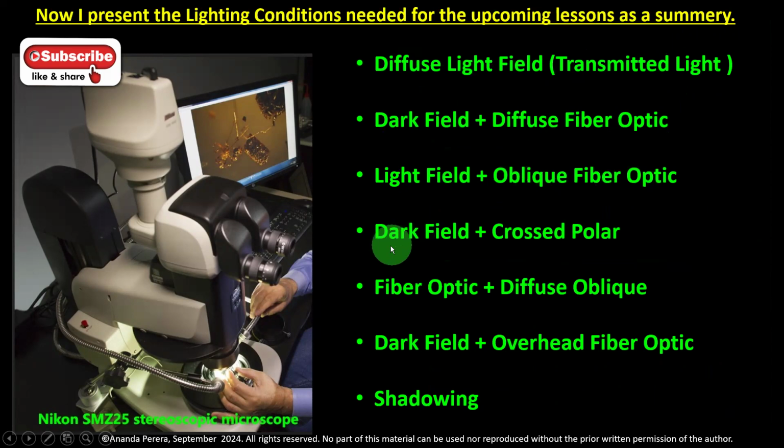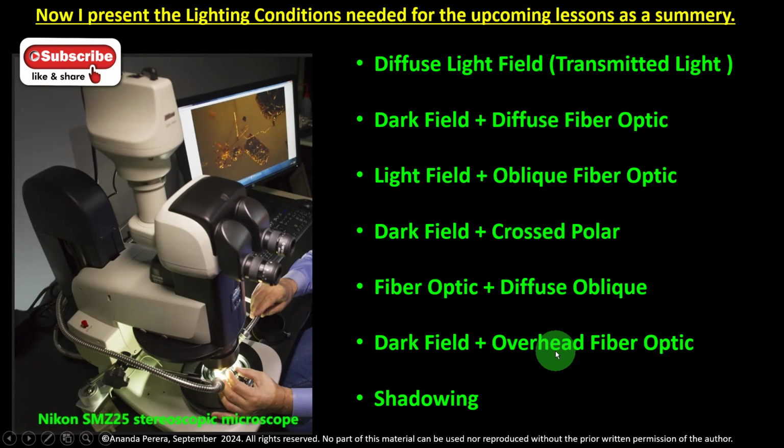Four, dark field plus crossed polar. You know the crossed polar. Five, fiber optic plus diffuse oblique. Six, dark field plus overhead fiber optic. Last one, shadowing. We are watching the shadow. These are the 7 lighting arrangements.